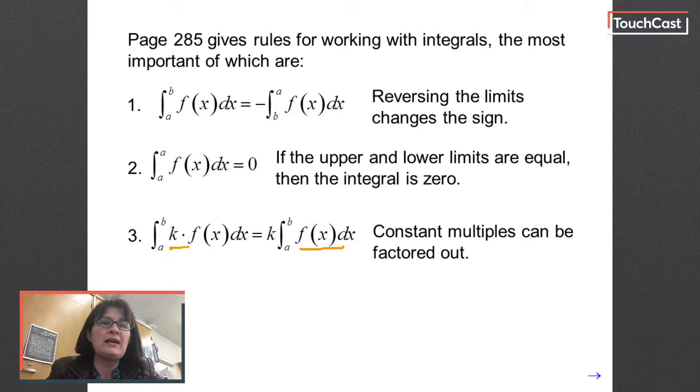If I have a new integrand, which is some number times f, that means all my areas are going to be k times taller. So if all the rectangles are k times taller, you're going to multiply the height of every rectangle times k. That's the same as multiplying the area of every rectangle times k. So you could just factor that out to the front and multiply the whole result by k instead. Multiply the result of the integral by k.